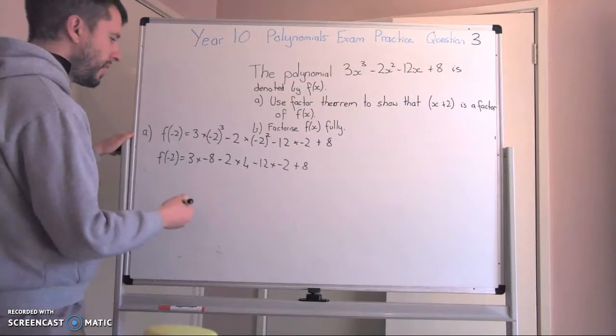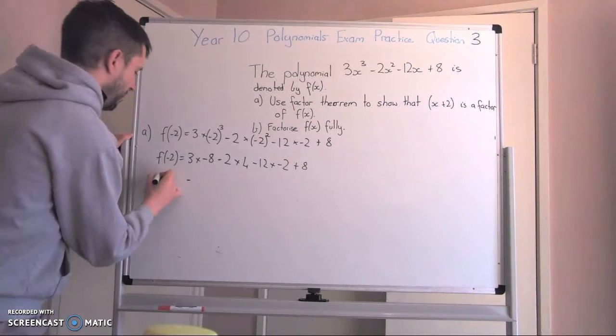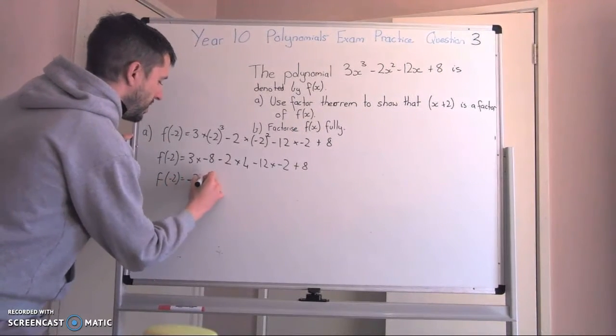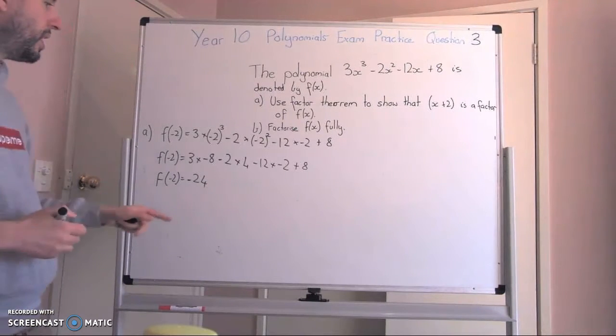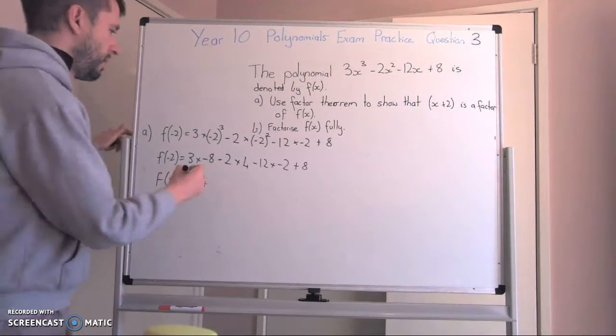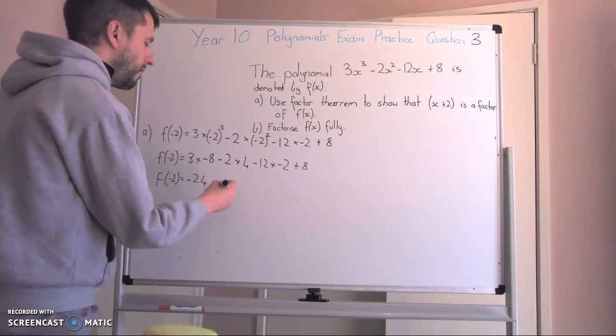3 times negative 8 is negative. Negative and positive is a negative. 8, 16, 24. So it is equal to negative 24. Then I've got here, negative 2 times 4 is negative and positive is a negative. 2 times 4 is 8.